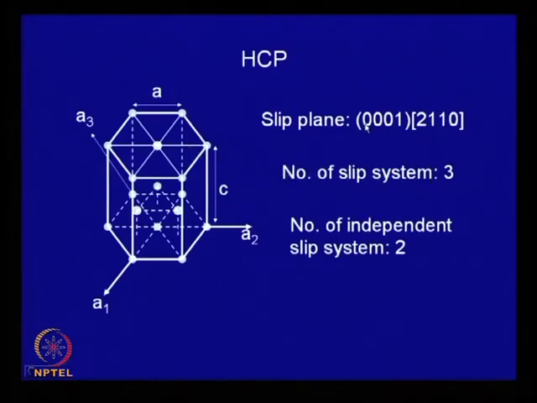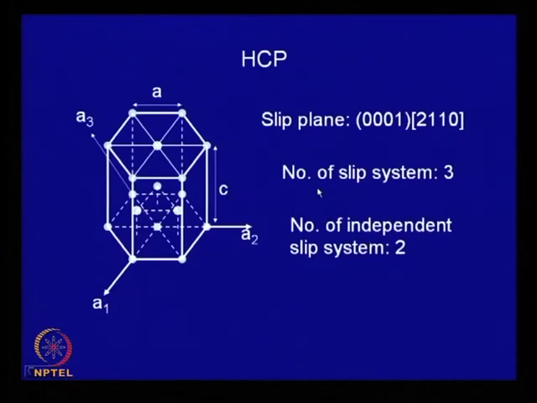But you will actually find that the third slip direction, say this is one direction, this is another slip direction, this is the third direction, but if you add this and this, you get this direction. That means all these 3 systems are not independent, actually there are only 2 independent slip systems.